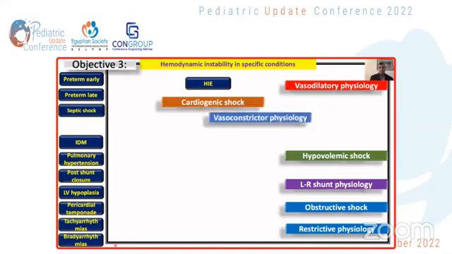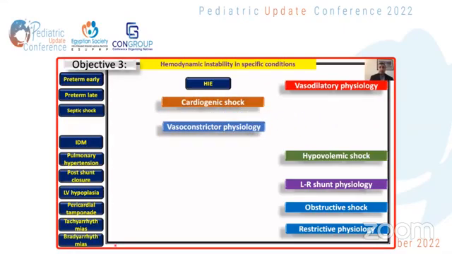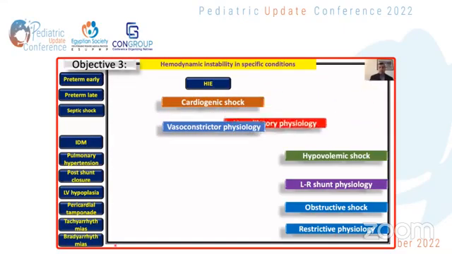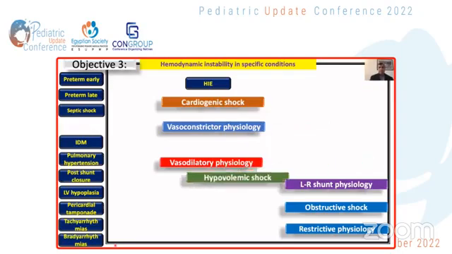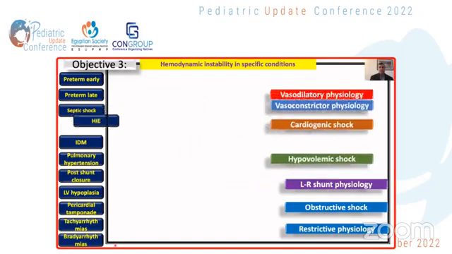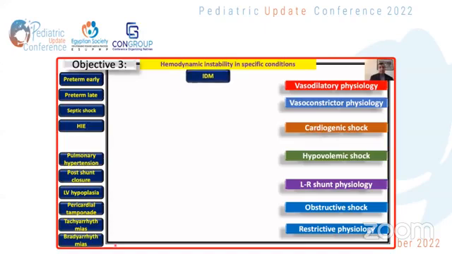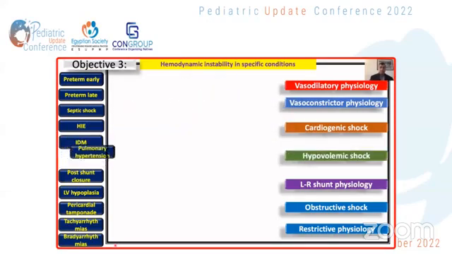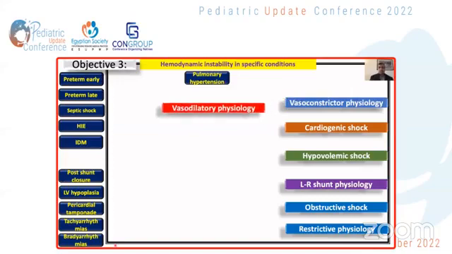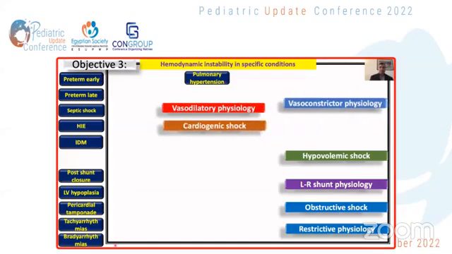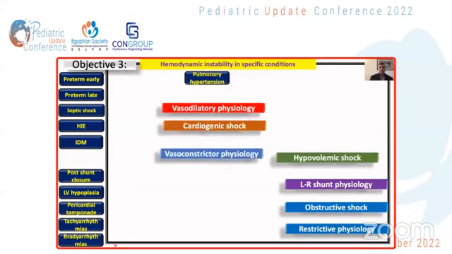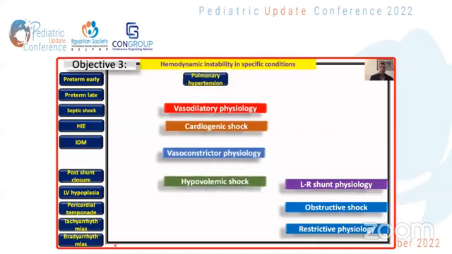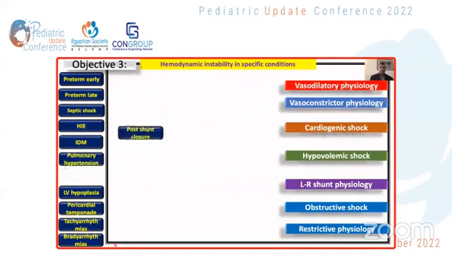In HIE, we may expect cardiogenic shock and vasoconstrictor physiology, secondary to cooling or hypothermia. Vasodilatory shock might happen, and hypovolemia as well. In an infant of a diabetic mother with hypertrophy, we may expect hypovolemic shock, and in this situation it is contraindicated to give any kind of inotropes. In pulmonary hypertension, we may expect vasodilatory physiology, cardiogenic shock, vasoconstrictor physiology, and hypovolemic physiology.